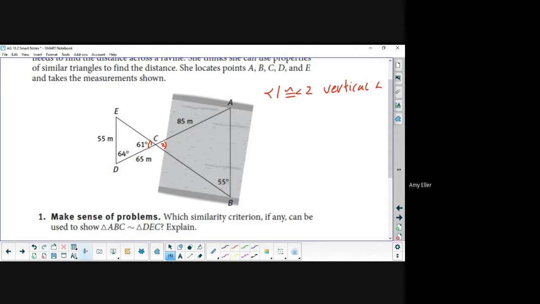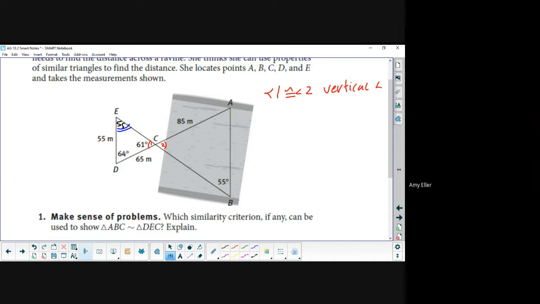Lily, let me know what you get. I got 55. I did too. Let's put 55 in your picture. And since we have 2 with the same number, let's mark those. I'll do a double arc.